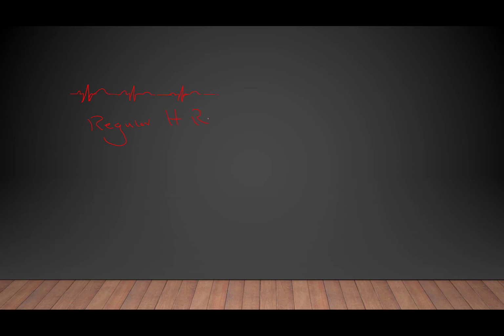For a regular heart rhythm, the rate is calculated by 300 over the R to R interval. It means that between each R wave of the QRS complex, we count how many large squares we have.